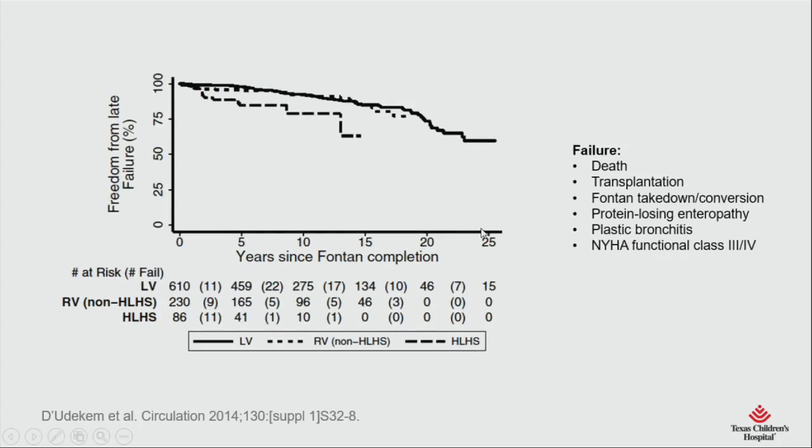And then in terms of failure, this is basically the incidence of failure, considered as death, transplantation, Fontan takedown, PLE, plastic bronchitis, or bad functional status. And these are the patients with hypoplastic left heart syndrome. So they tend to do worse than other patients, including patients that have an RV dominance that are not hypoplasts. They tend to do better than those.